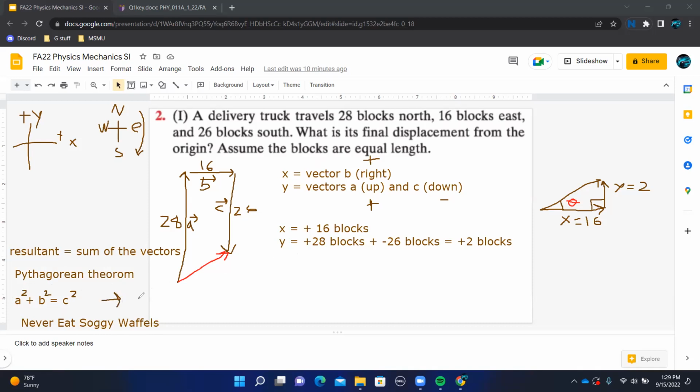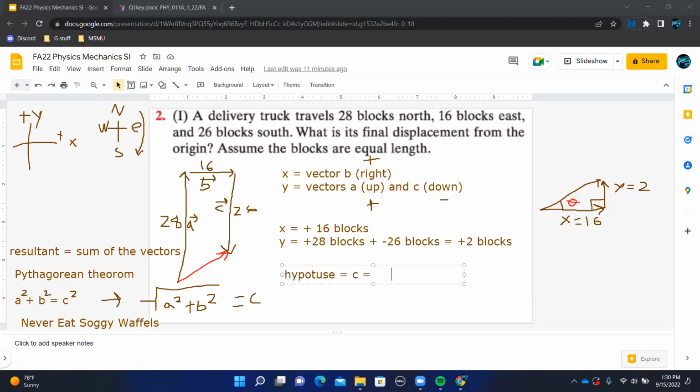This is going to become the square root of a squared plus b squared, because we're solving for the hypotenuse and we have the a or the x plus the b or the y. We basically have the two quote unquote legs of the triangle. And then we have the hypotenuse. Again, I'm sorry if my spelling is incorrect.